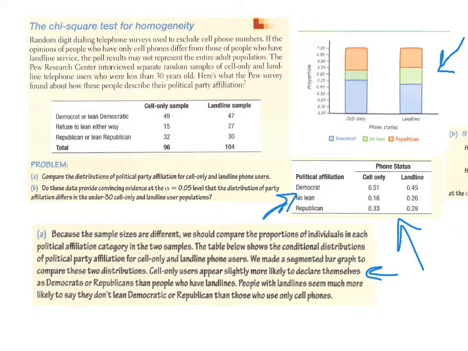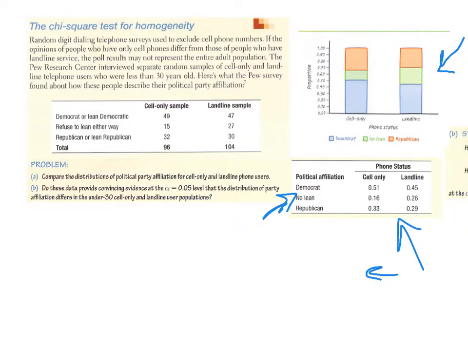Basically 84% of cell-only people would pick a party affiliation, whereas 74% of landline users picked a party affiliation. People with landlines seem to be much more likely to say they don't lean Democratic or Republican. And that's really the only thing they could find here because our Republican and Democratic numbers are pretty close together.